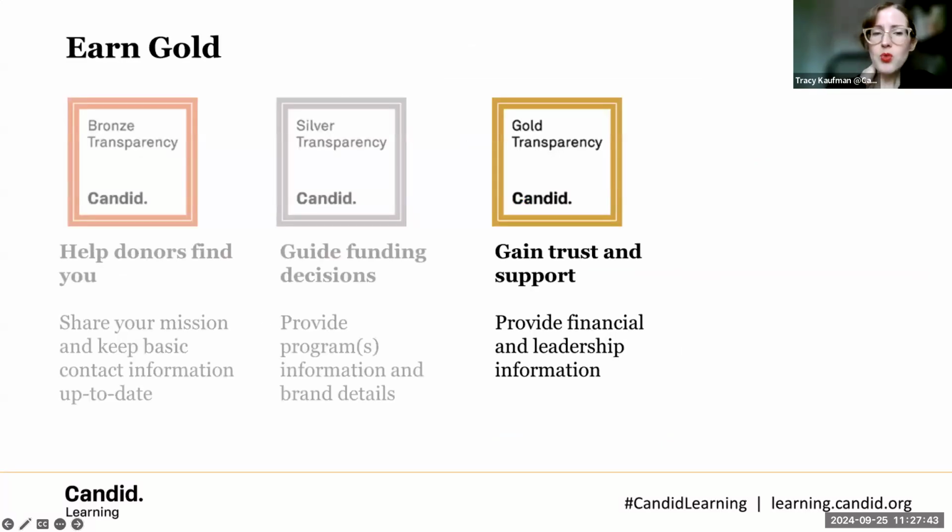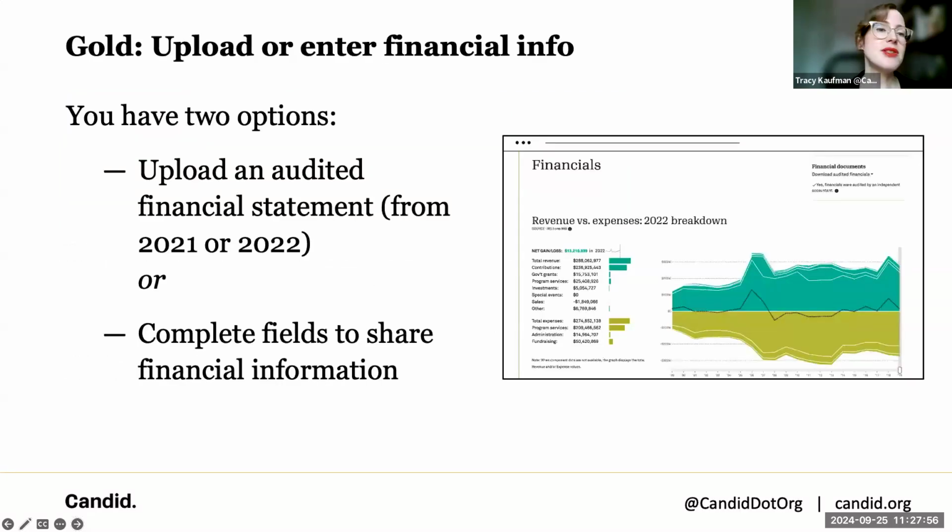Okay, now we get a little more intense here. Now we're moving up to the gold seal of transparency, which includes a lot of financial information and leadership details. Next slide. So a lot of this comes down to financial information. If you have recent audited financial statements, all you have to do is upload those. So if you have audited financial statements, it'll be quick and easy. But if you don't, they will just have some fields for you to enter financial information manually.